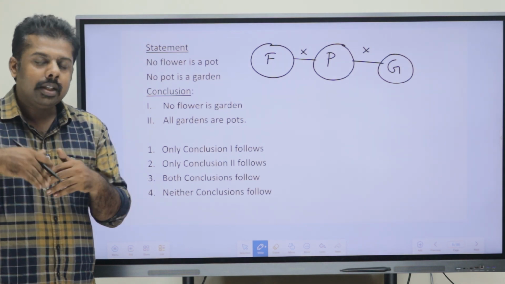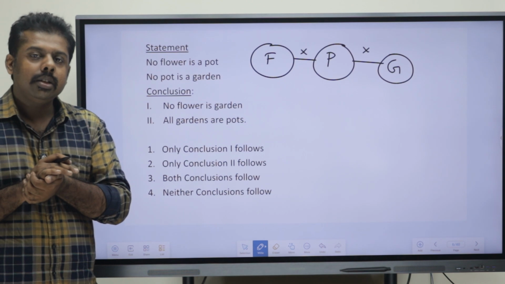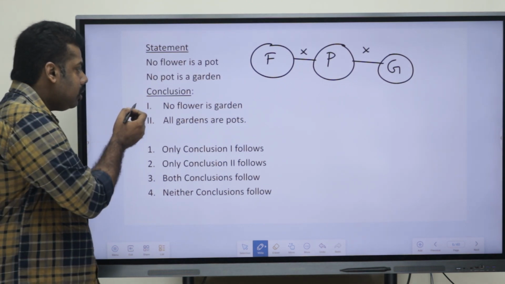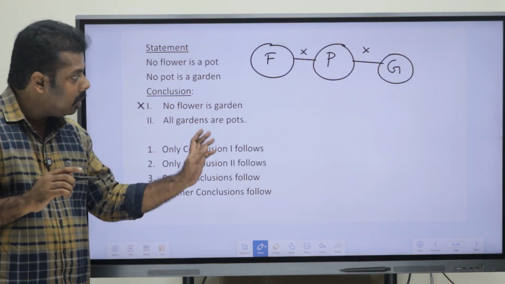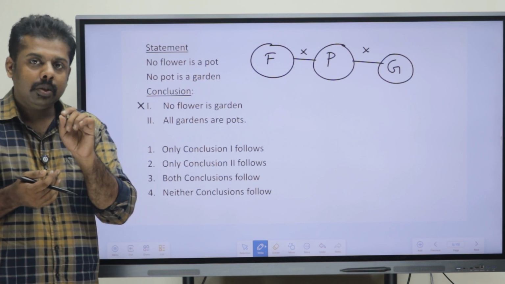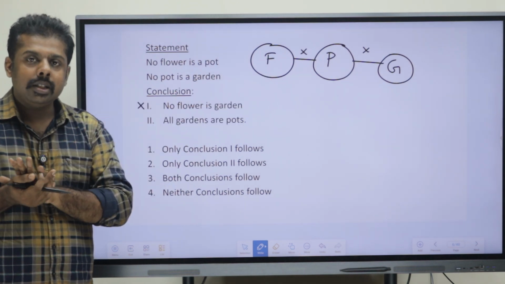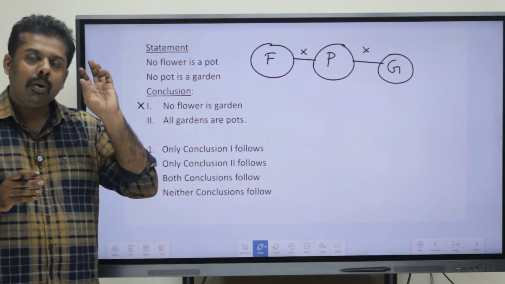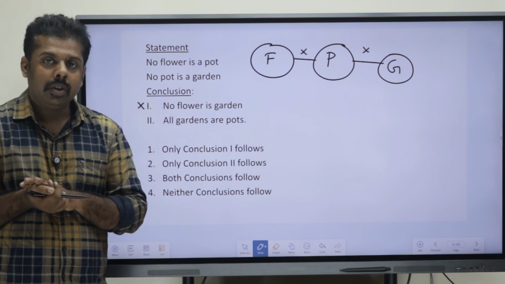As I said, in a definite conclusion, if you don't exactly know the relation, you have to mark your answer as it doesn't follow. So that's why we can say the first conclusion doesn't follow. Just seeing that, you might think no flower is garden is right, but make sure you understand that concept: if two elements don't have a relation between them, then in the case of a definite conclusion, you have to say that all the conditions are wrong.